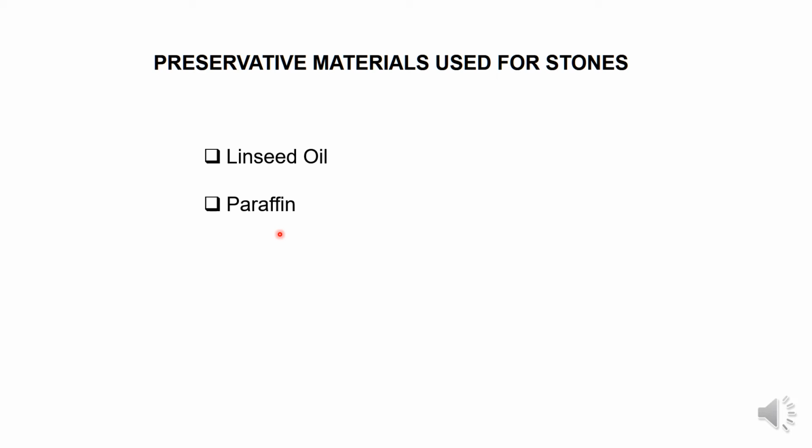It is commonly used in dissolved form in naphtha. It also interferes with the original color of the stone, that is, the color changes or fades. Coal tar is the cheap and effective preservative, except it changes the look of the stone.